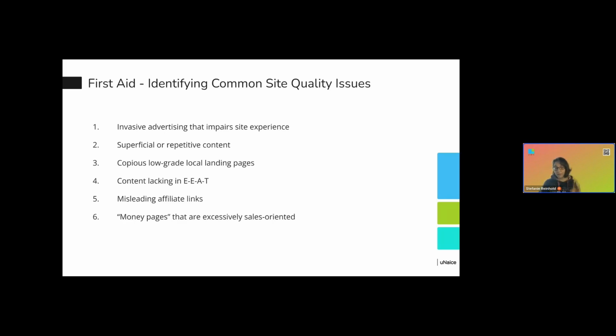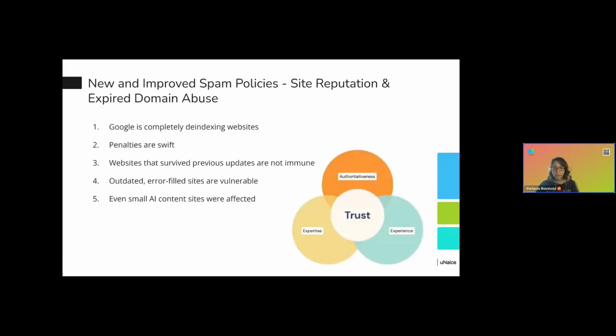So everything that is beyond the 500 word mark, have a look at it. See if there are sources in there, so backlinks to actual authoritative pages. See if it shows expertise, but also experience.